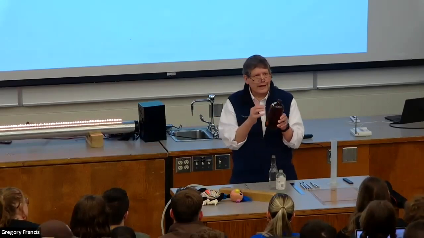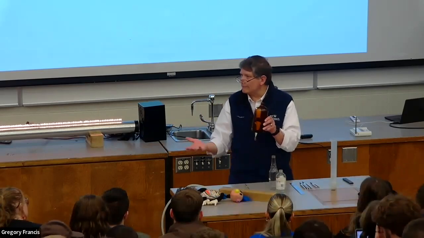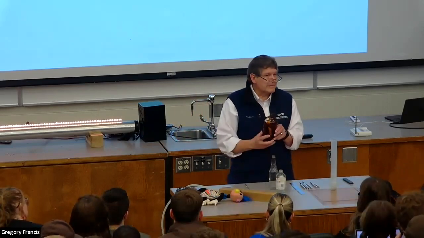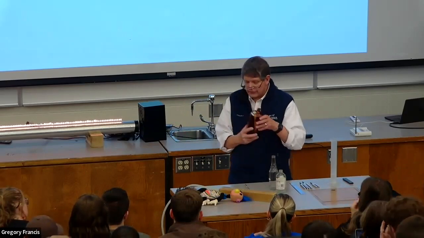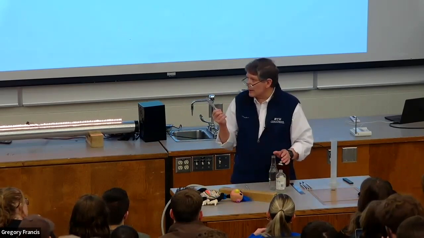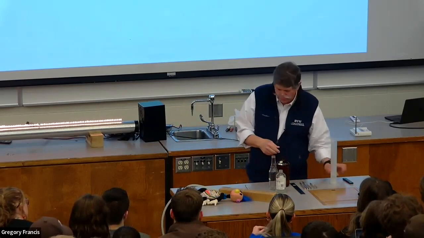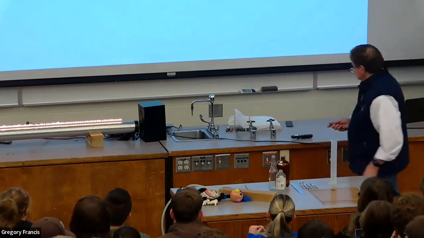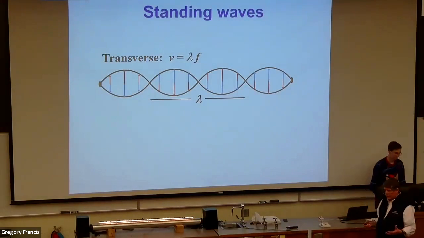Okay, and so what I have here is a system where I would have F1, F3, F5, F7. F1 is the one that nature's going to pick if I just give it all the frequencies, but I could also excite it at its third harmonic if I used a tuning fork, and I'll show you that in a little bit.